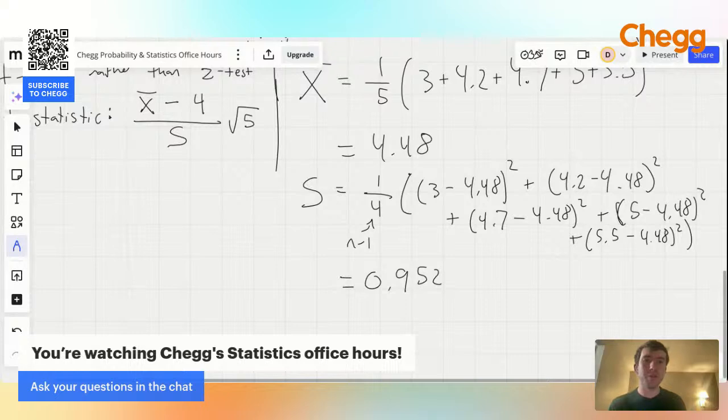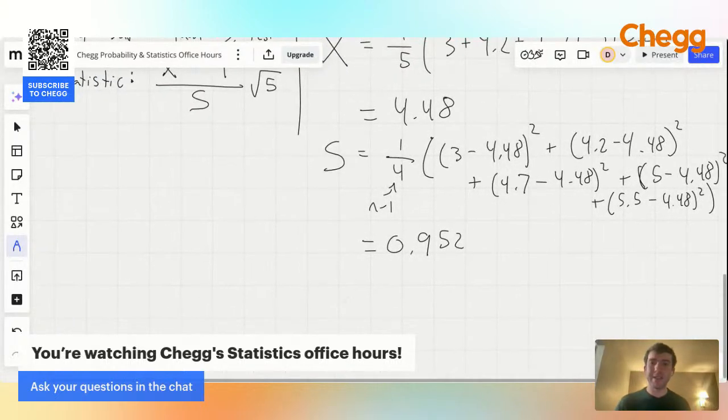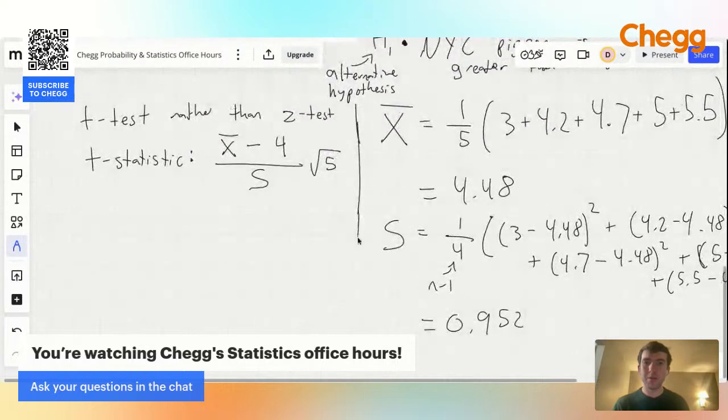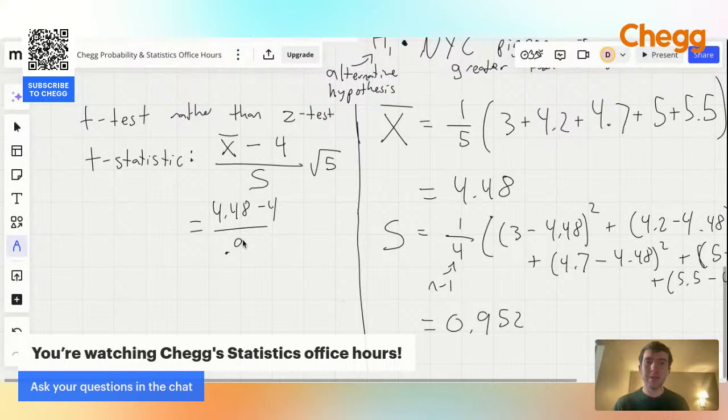Then we're going to evaluate our t statistic. We plug these numbers in here: 4.48 minus 4 divided by... sorry, this is the sample variance, so we need to take the square root of this for the sample standard deviation.